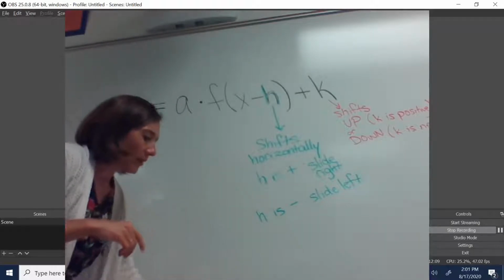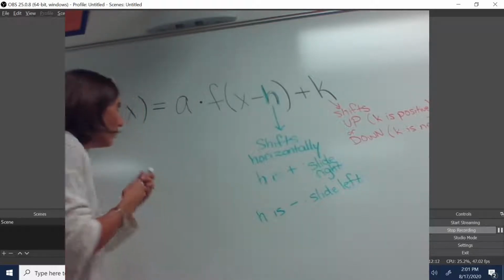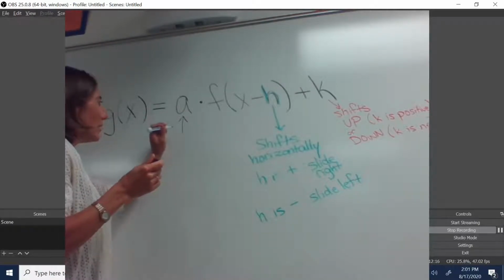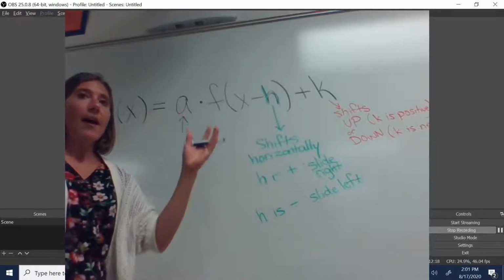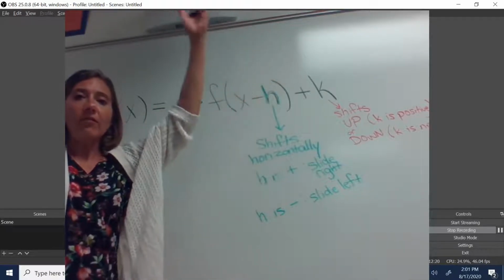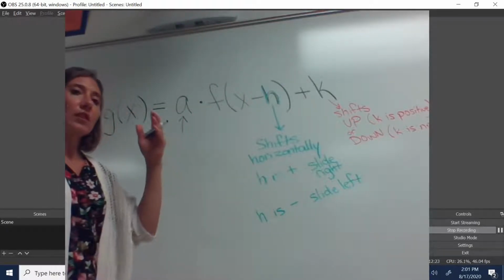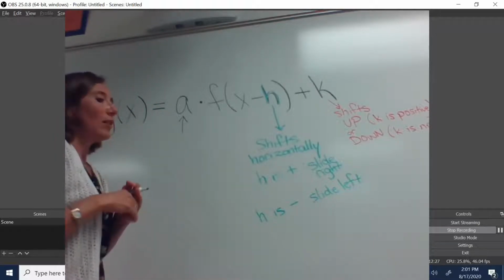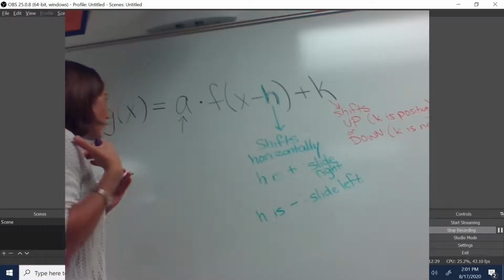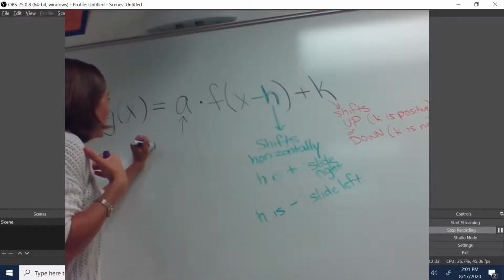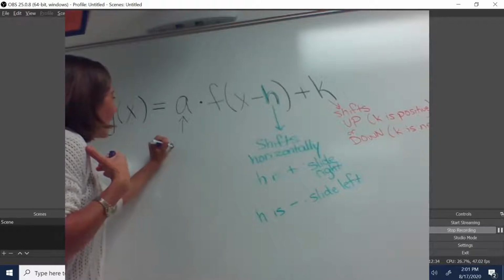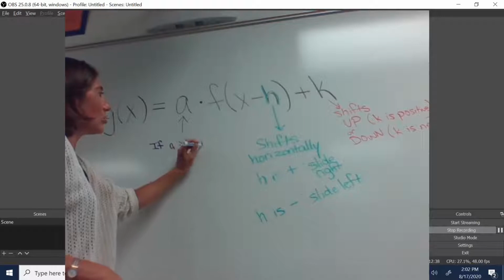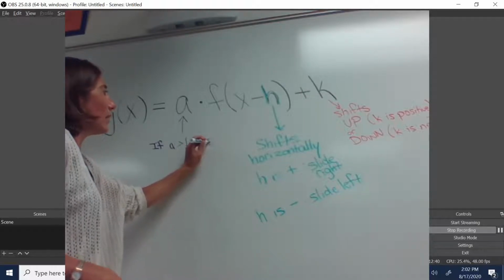And the last value we're going to talk about is the A value here. A does two things. It's going to make things get fatter or skinnier, or stretch or compress is the technical way of saying that. And it also has the ability to flip something. So if A is greater than 1, it's going to stretch vertically.